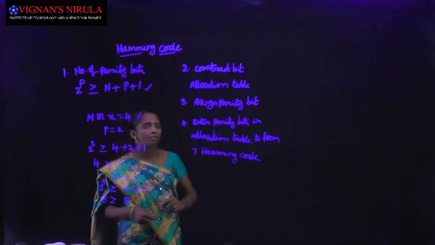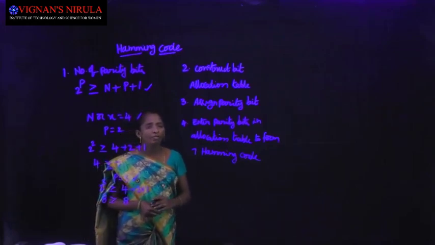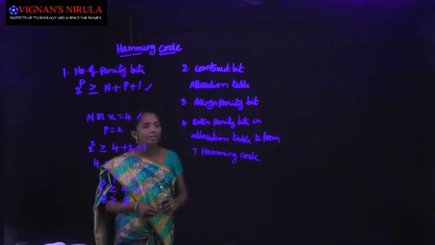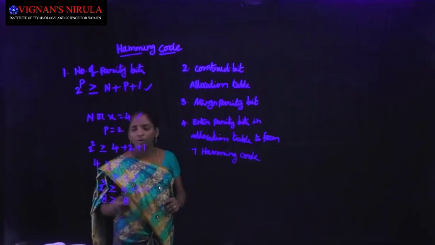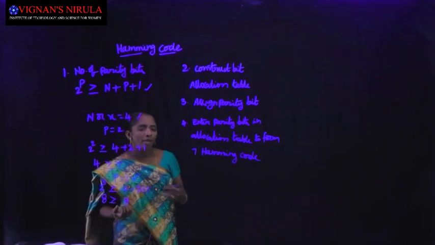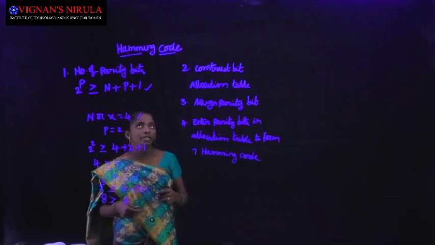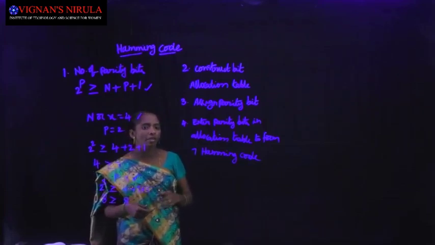In the fourth step, enter parity bits in the allocation table to form a 7-bit Hamming code. We know the information bits and we are going to calculate the parity bits. Now enter all these bits to form a 7-bit Hamming code. So this is the design procedure for Hamming code.